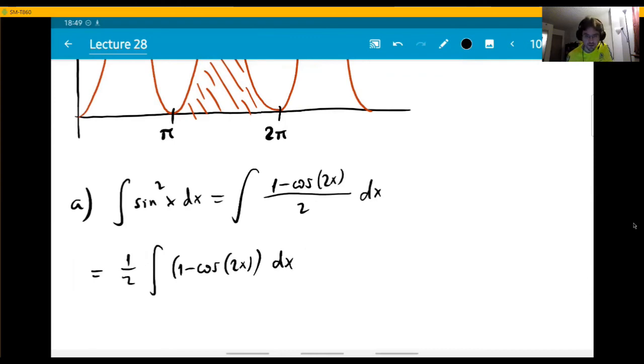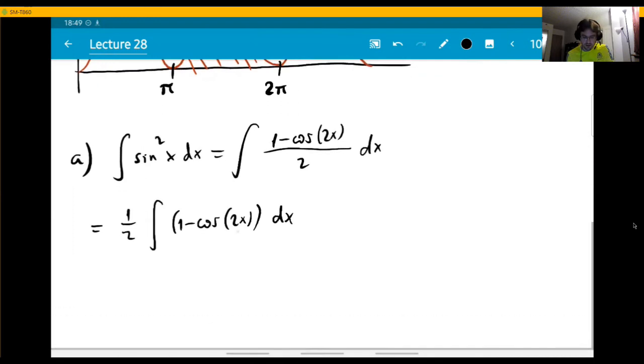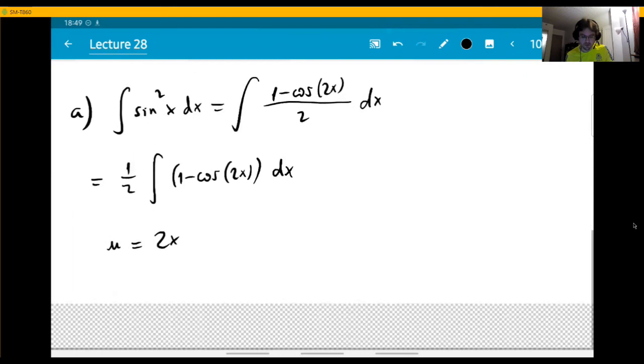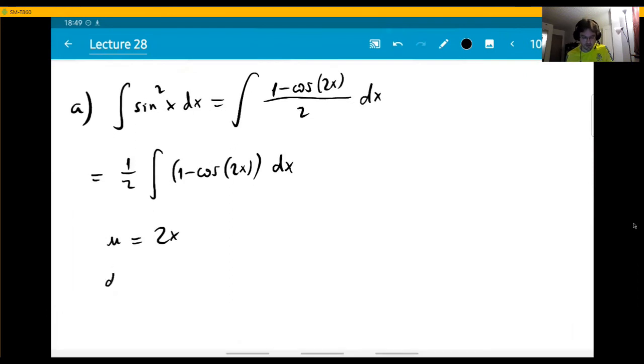We know how to integrate cosine. We know how to integrate 1. There's a 2x, that's a linear function of x. There's never any harm in letting that be your new variable u. So let's do u equals 2x, which means du dx is 2, and then du is equal to 2 dx.